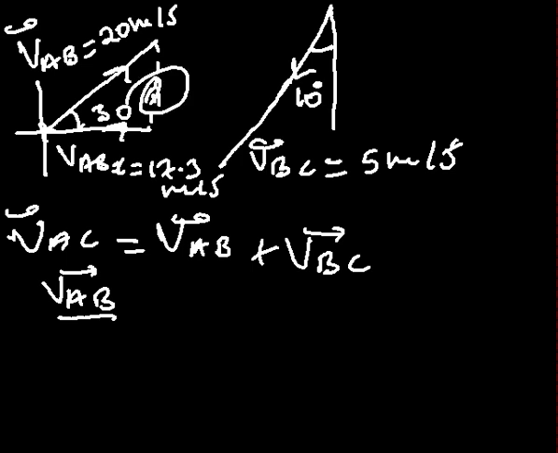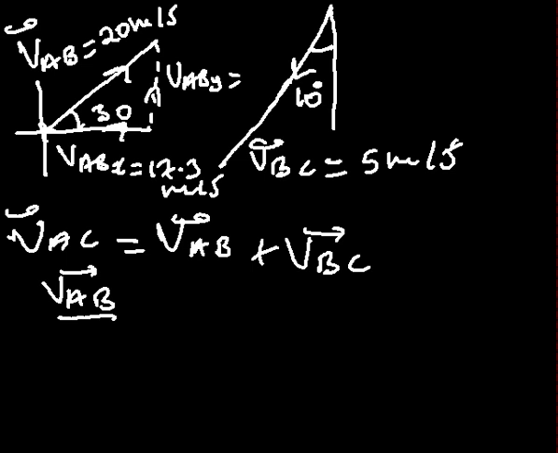And how about this? This is opposite over hypotenuse. That is sine. So in this case, we'll have VABY given as 20 times sine of 30, which will be given as 10.